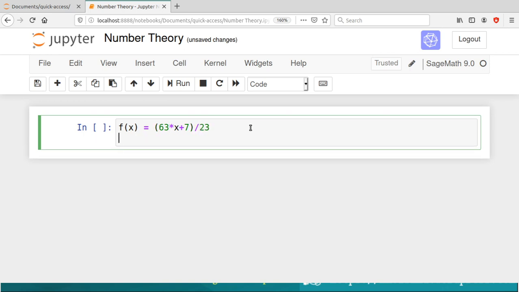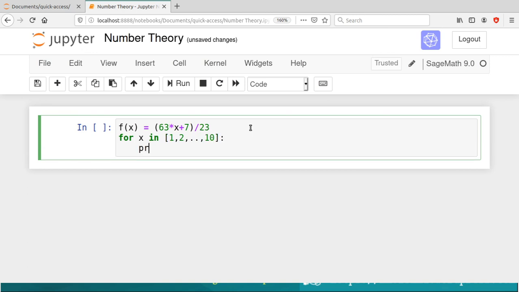Now I am going to ask for x in 1, 2, 3, etc. I will try up to 10 and see if I am getting something. I am going to ask Sage Math to print f of x, and of course x also. So x and f of x are going to be printed.